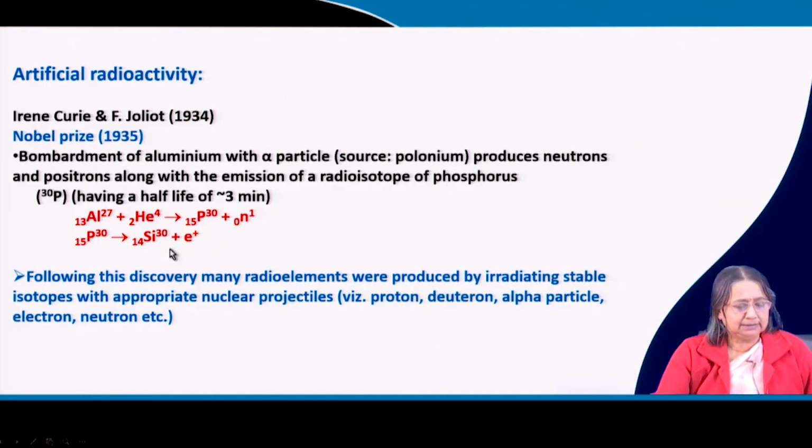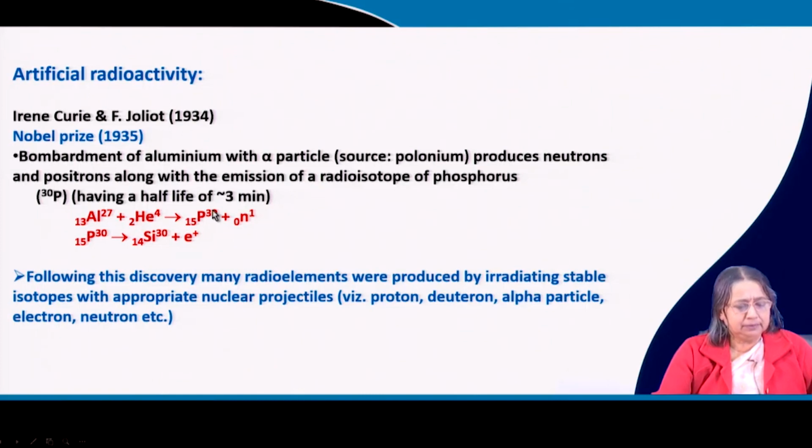There are two steps, and this has a half life of only 3 minutes. Transient existence, only 3 minutes half life. Now, what is happening here?